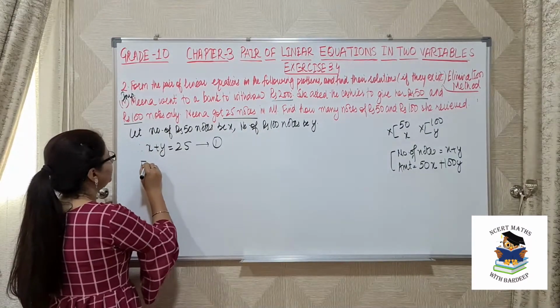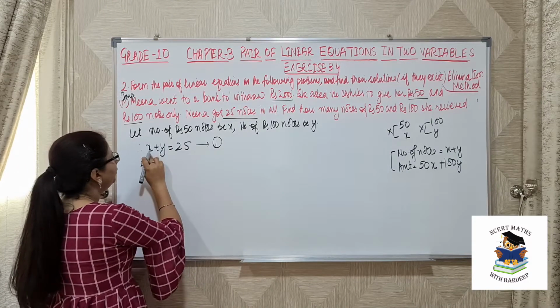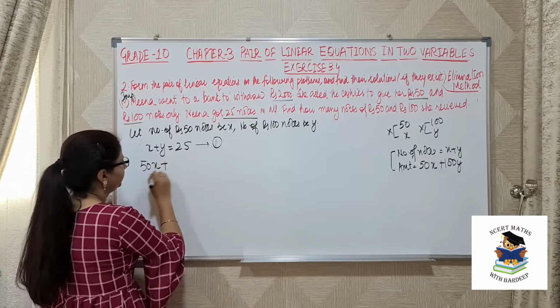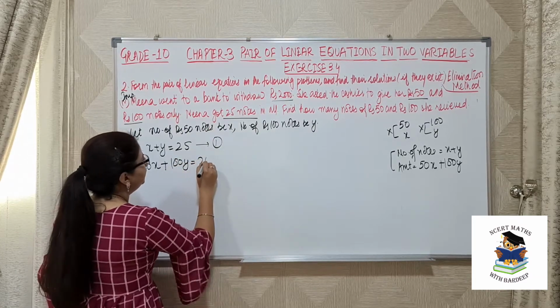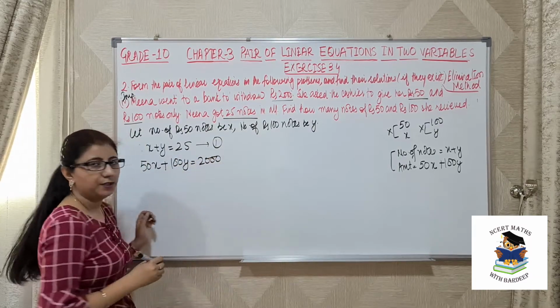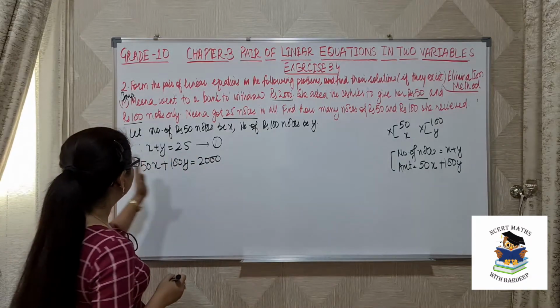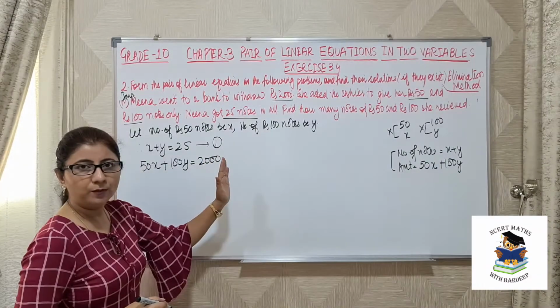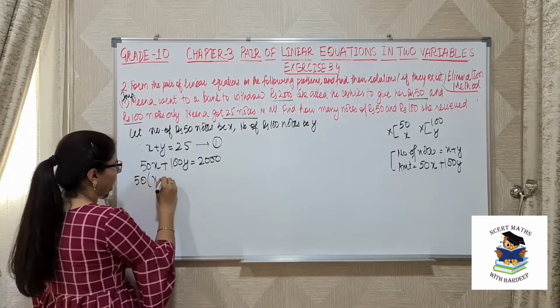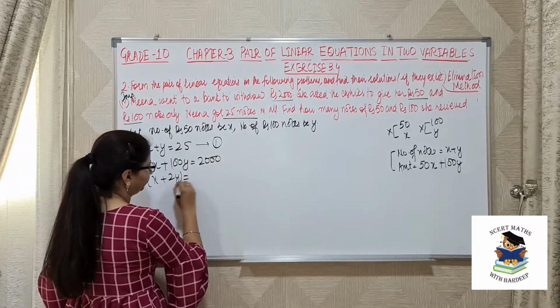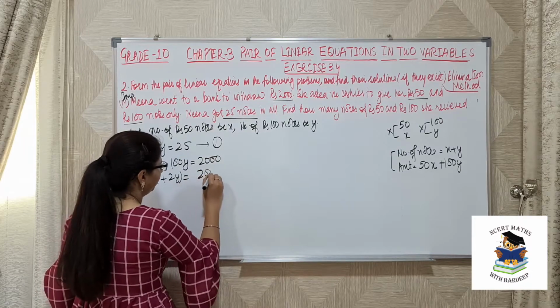So 50 means 50 rupees note and the number of notes are x. So 50 times x plus 100 times y and together this is 2000. So again we can see that we can have 50 as common factor just to reduce the coefficients. So x plus 2y is 2000.